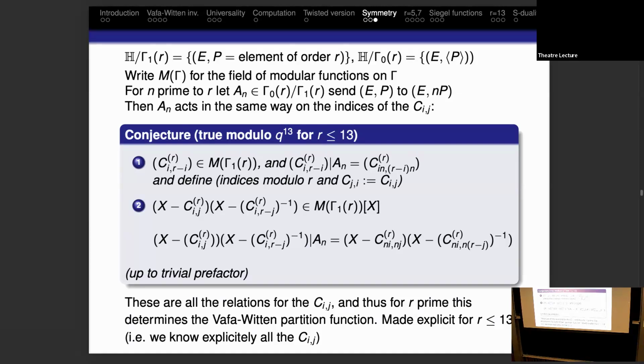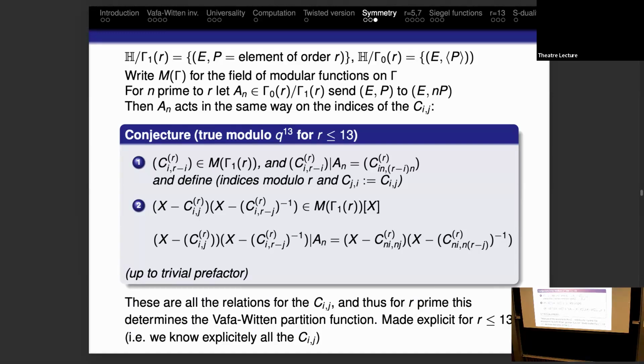So that means that if we knew which modular forms there are, either as these C_ij or as the coefficients of these quadratic equations, we would know all the C_ij and we would know the whole virtual Vafa-Witten invariants. And therefore, in the case when R is prime, and if we believe in the Vafa-Witten conjecture, we would know the whole Vafa-Witten partition functions, also the virtual Euler numbers of the moduli spaces.